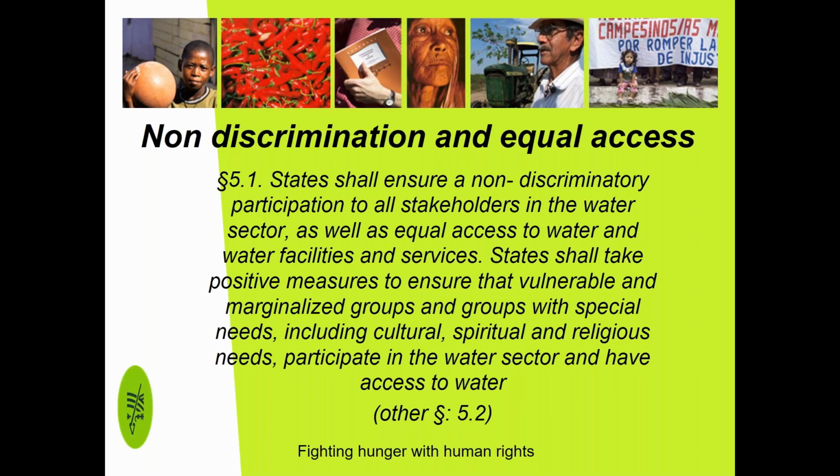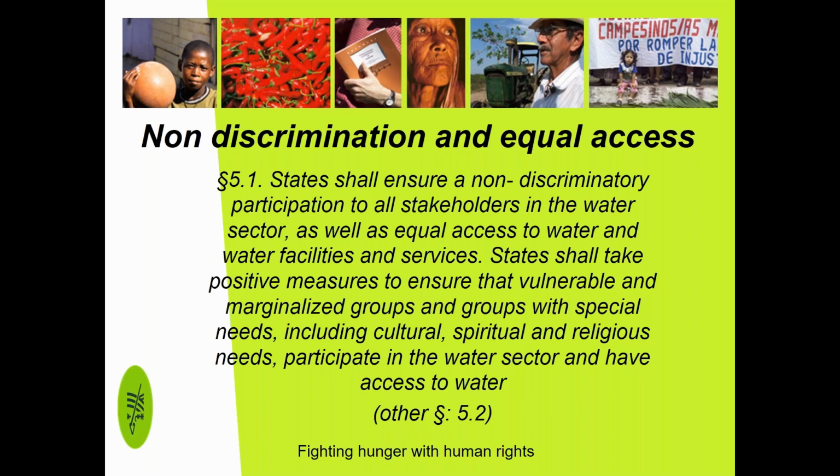And the states shall take positive measures to ensure that vulnerable and marginalized groups, and we will see who these groups are, and groups with special needs, including cultural, spiritual, and religious needs, participate in the water sector and have access to water. So no discrimination is very important.